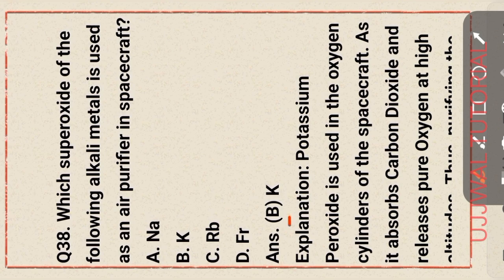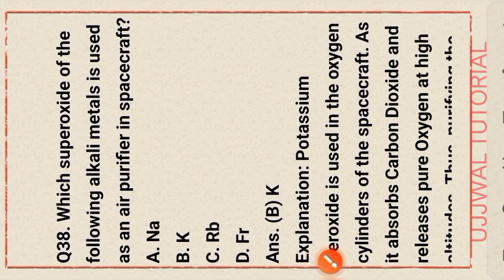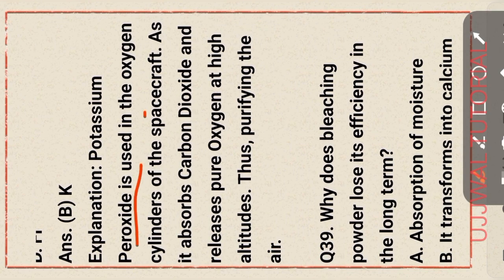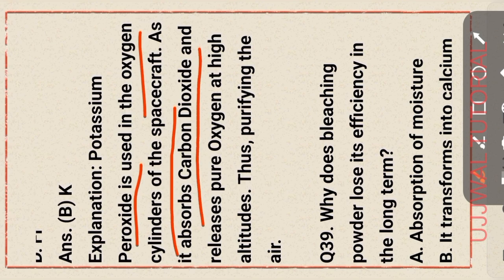That is potassium, that is K. Potassium superoxide is used in the oxygen cylinder of the spacecraft as it absorbs carbon dioxide and releases pure oxygen at high altitude, thus purifying the air.